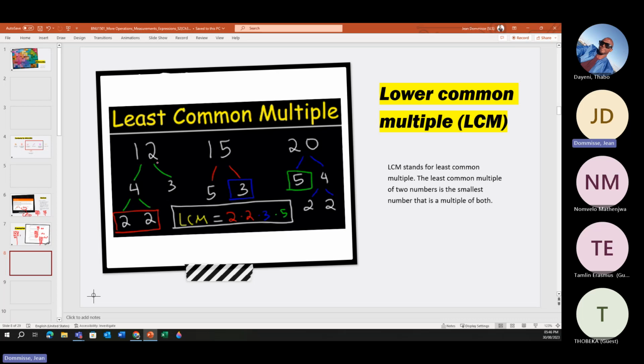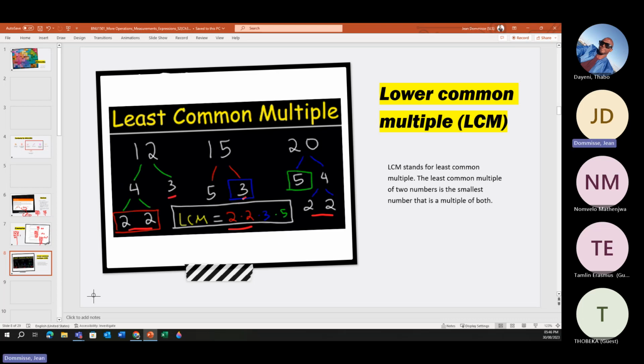If you look at 12, you see, okay, well, 4 and 3, but that is again 2 and 2. If you look at 15, well, the smallest is 5 and 3. If you look at 20, 5, 4, 2, 2. There are two 2s there, there are two 2s there, so you will have 2 of them.